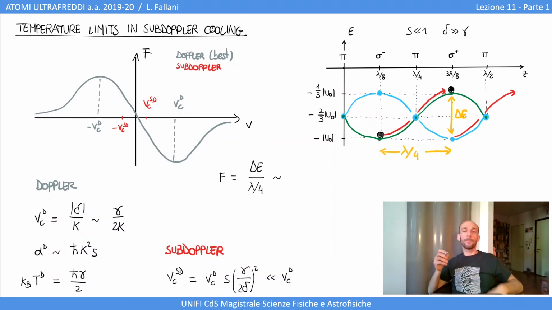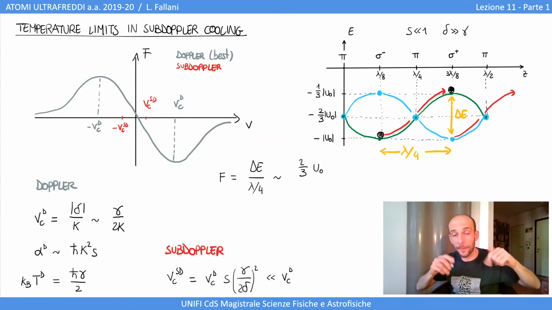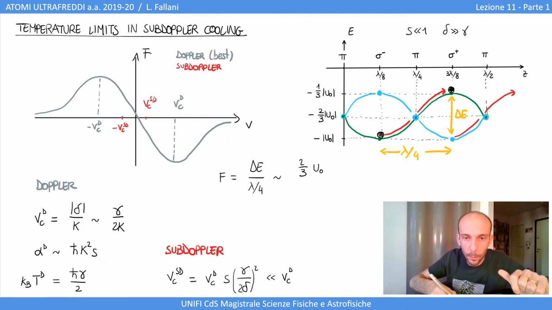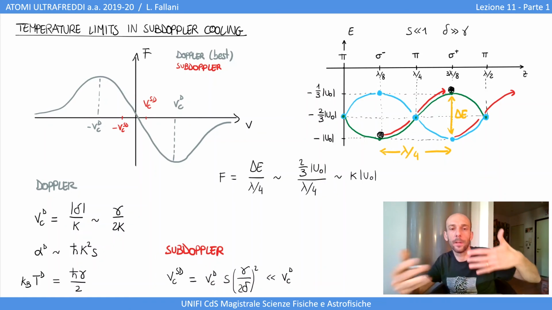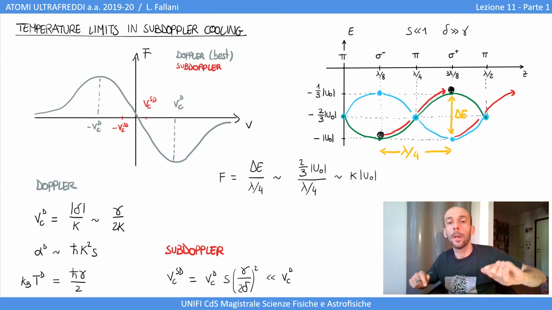Delta E is, for this particular choice of the quantum number, 2/3 of the maximum light shift, which we called U0, divided by lambda over 4. And so again, let me write these as basically k times U0. So we have all these factors that are on the order of 1 that we can simplify.